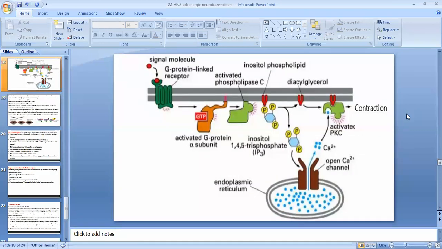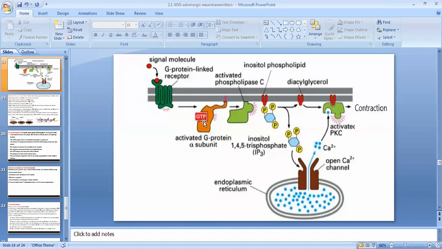Now, the release of neurotransmitters and how they proceed. So this is a signal molecule, that is the neurotransmitter. They are going to bind to this G protein linked receptor, alpha 1, followed by an activation of phospholipase, which will convert GTP into GDP.